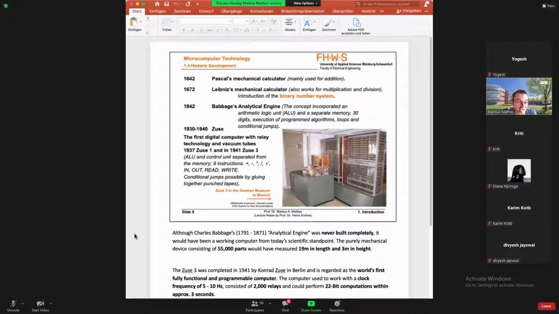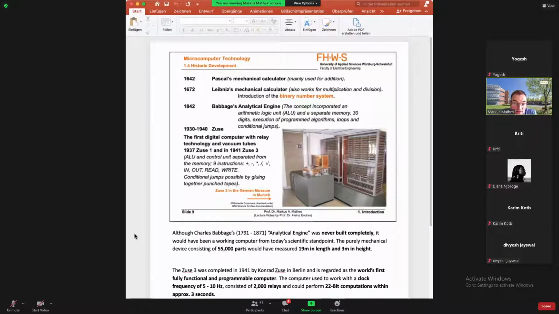Mechanical means no current, no voltage, nothing like this, but the calculation was done by switching real physical switches in the end. Then 30 years later, there was Leibniz's mechanical calculator. This calculator also offers multiplication and division.